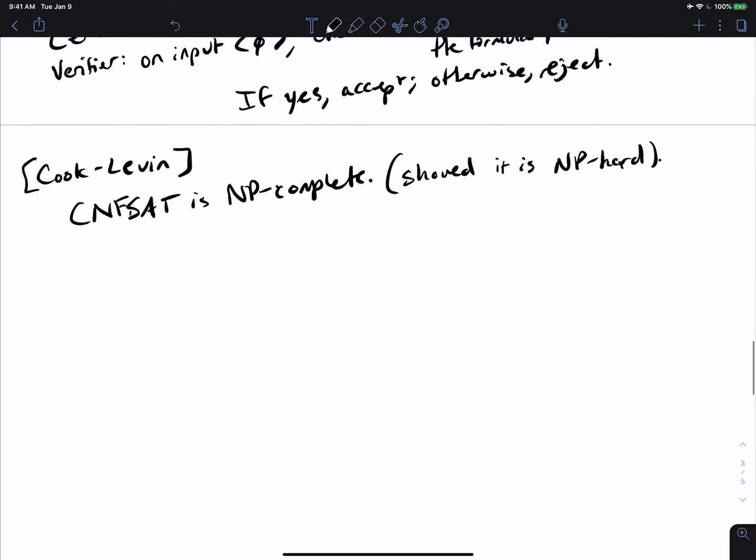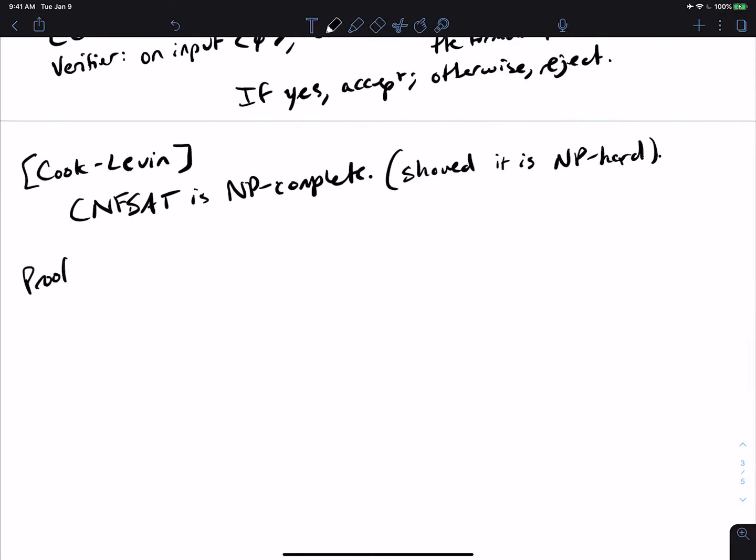I'm just going to give a proof sketch, because the proof is very easy to understand, but it requires a ton of technology and lots of little details. If you're really interested, look at Chapter 7 of CIPSR for all of the gory details.